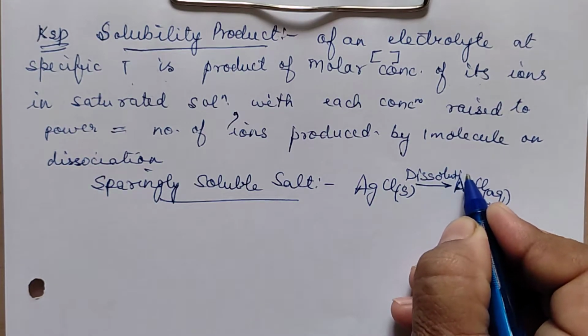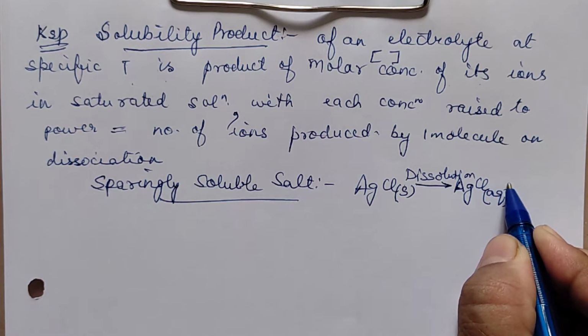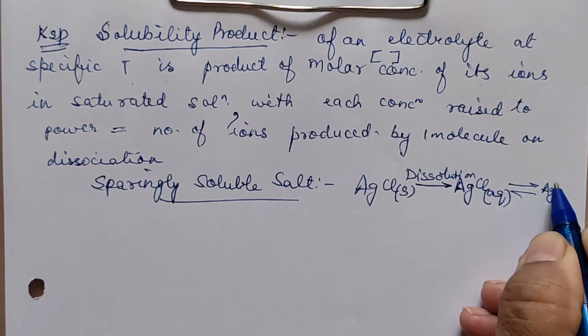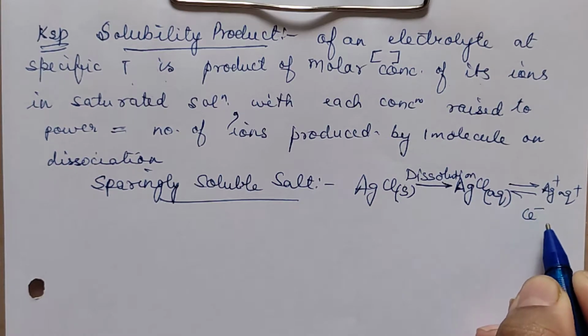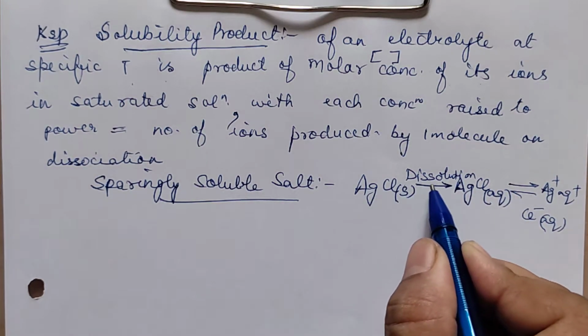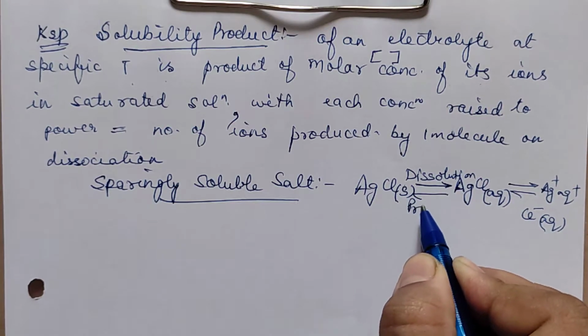Then this AgCl aqueous will split up into ions and form Ag plus aqueous plus Cl minus aqueous. That means the ions are formed. Now the forward is dissolution, backward is precipitation.